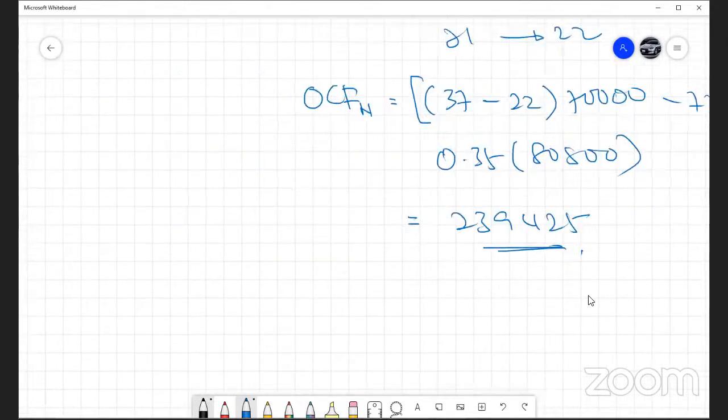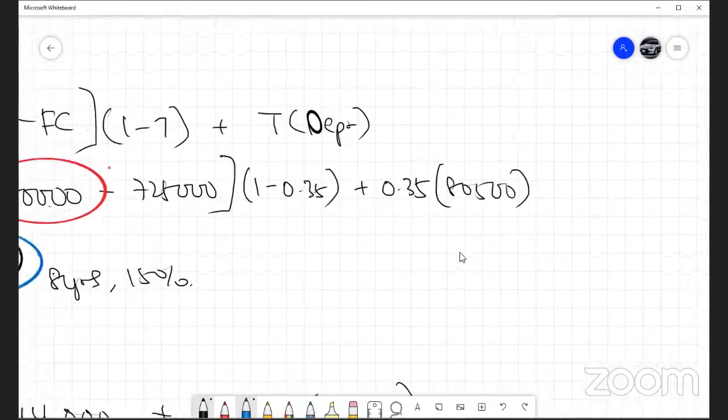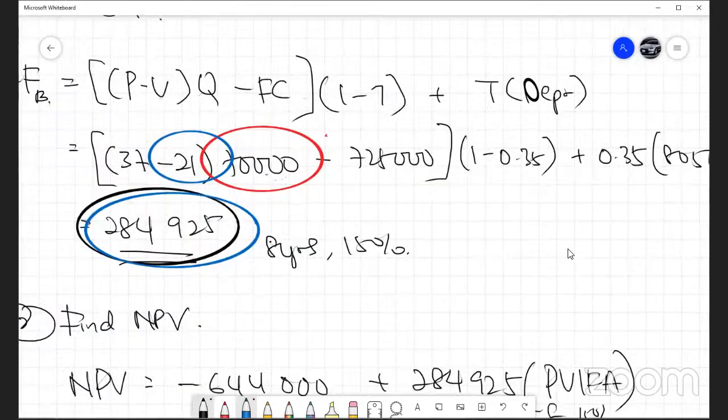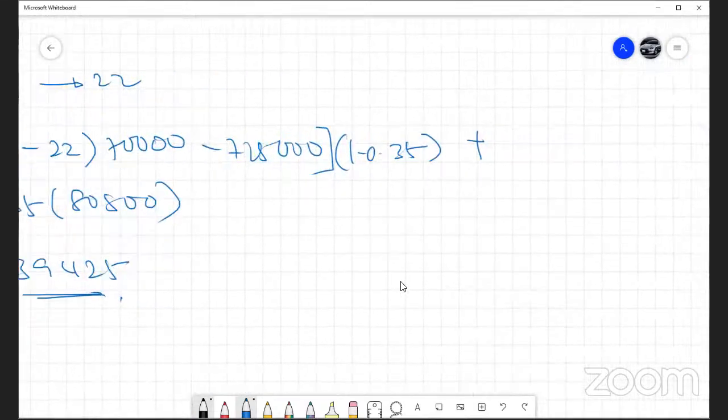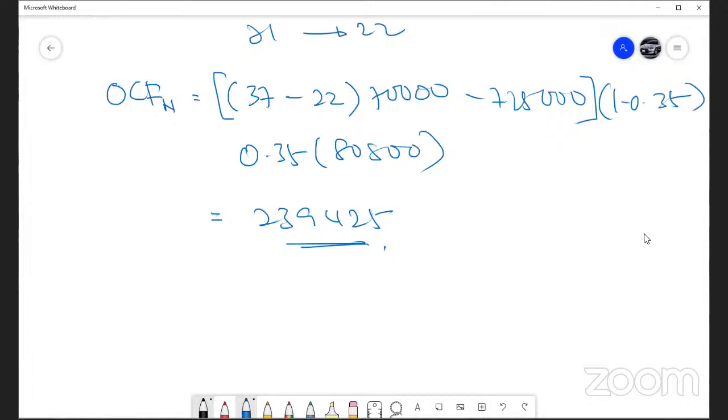Previously it was 284,925. Now it is 239,425. So you see the changes of how it affects each $1 change in variable cost. Find the difference of OCF divided by the difference of variable cost.